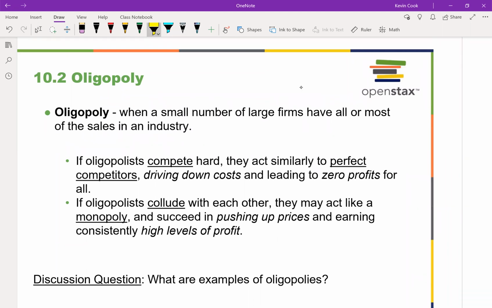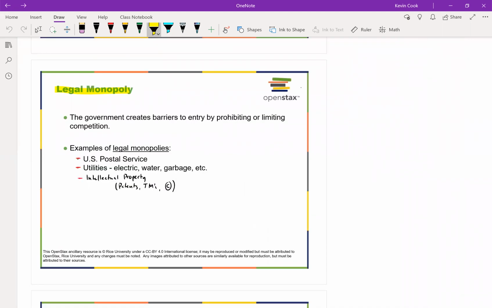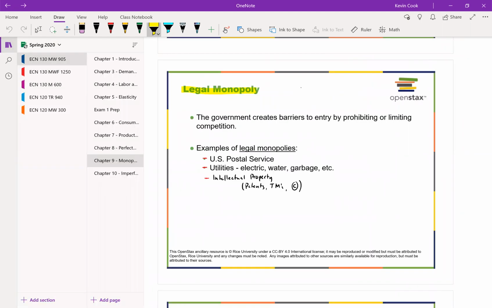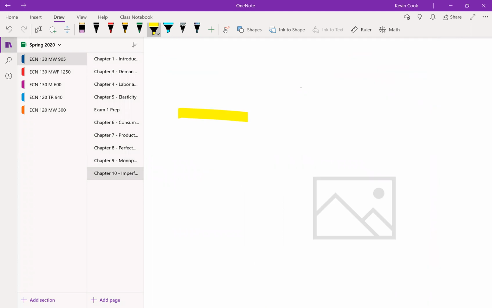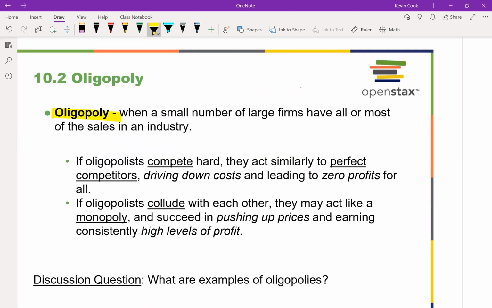When we look at our oligopoly, we have a small number of companies or firms that are producing all or most of the sales in an industry.